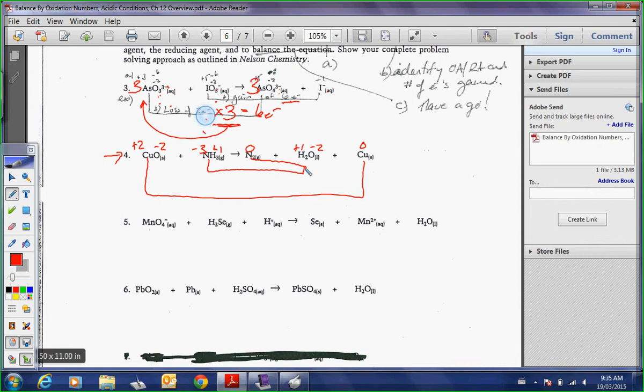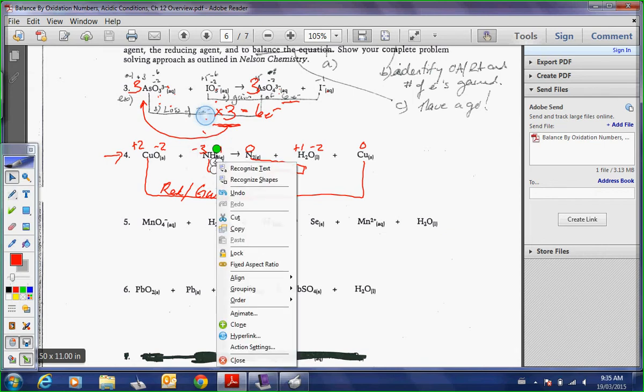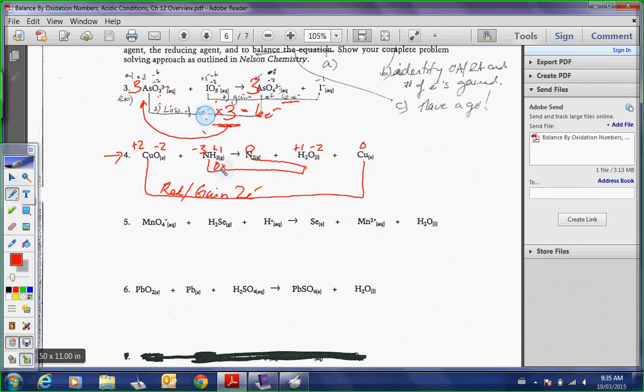So the copper going from +2 to 0, the number is decreasing, so it's being reduced. Therefore, it must be the reduction half reaction, gaining 2 electrons. And the nitrogen must have been oxidation, and therefore lost 3 electrons.